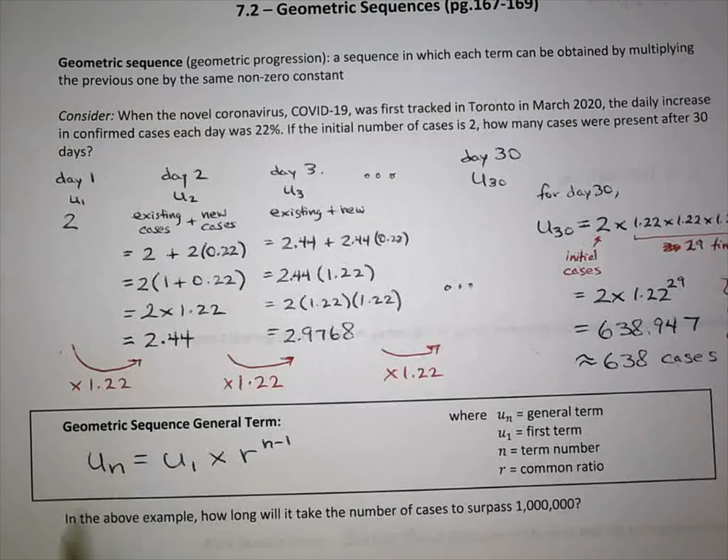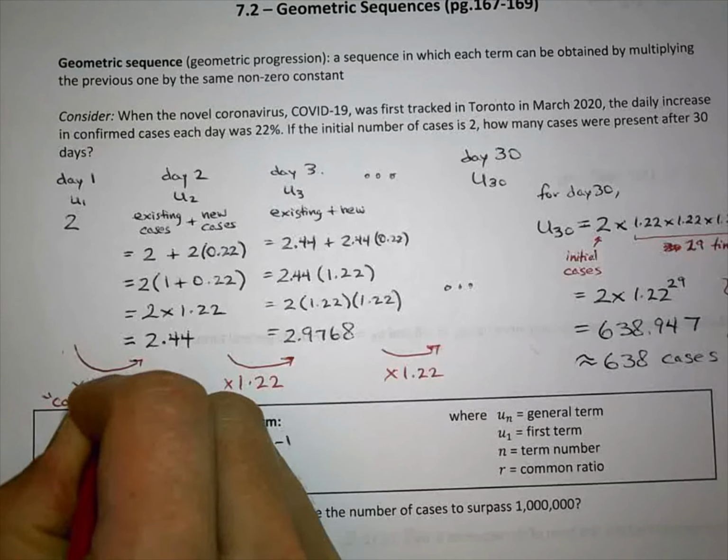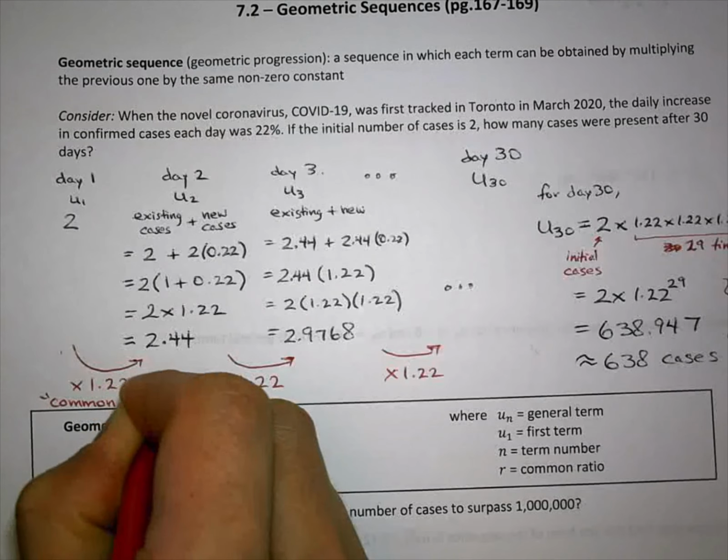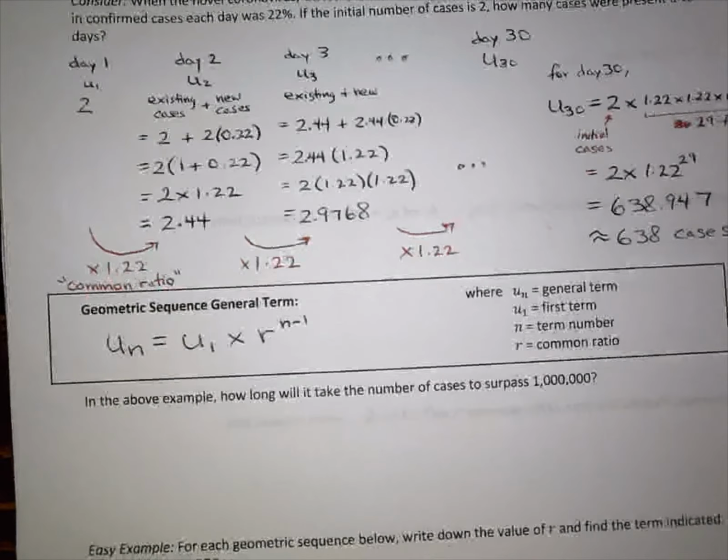R is called the common ratio, which is not how much I'm adding, but how much I'm multiplying by. This formula is on your formula sheet, kind of similar to yesterday's.